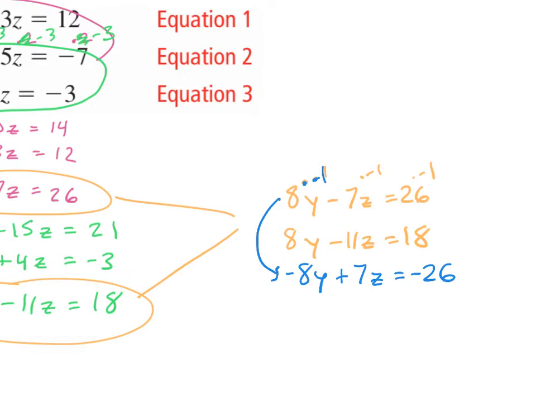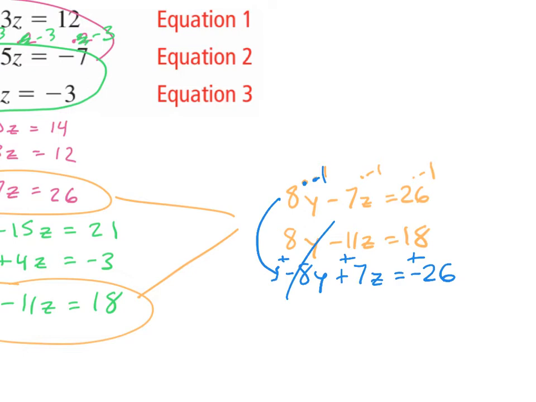So now I'm adding these two equations together. So our y's cancel out. Negative 11z plus 7z is what? I have a question.